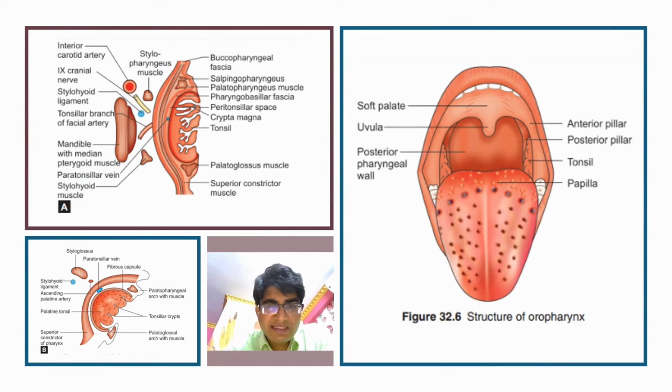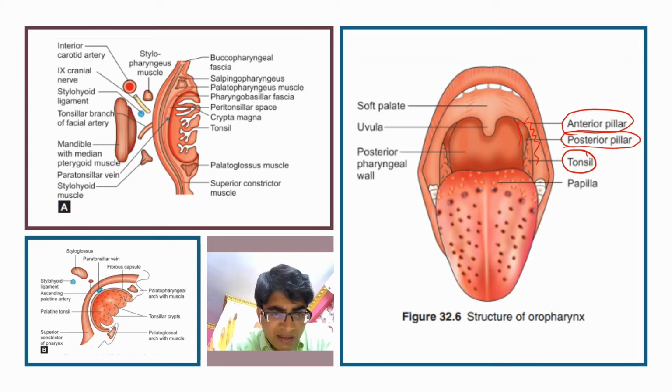So these images present the things which have already been discussed. Now you see, these are the tonsils being supported anteriorly by the anterior pillar and posteriorly by the posterior pillar. And I have also told you about these crypts.